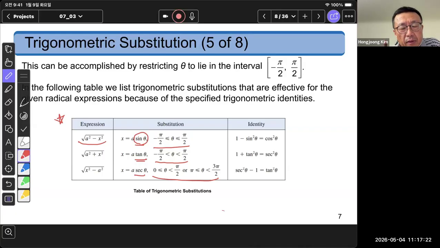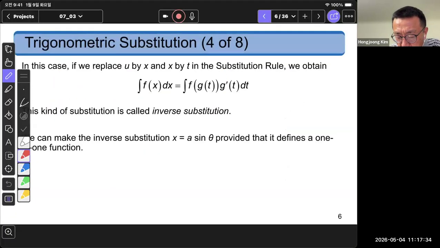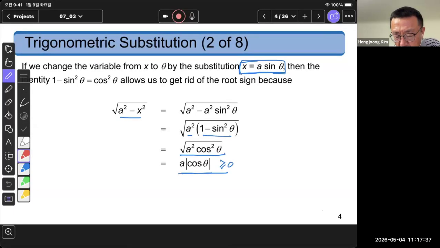At this point, theta is limited to the interval between negative half pi and half pi, because I want to take some inverse and cannot think of arbitrary theta.